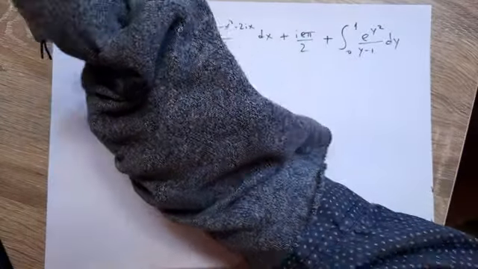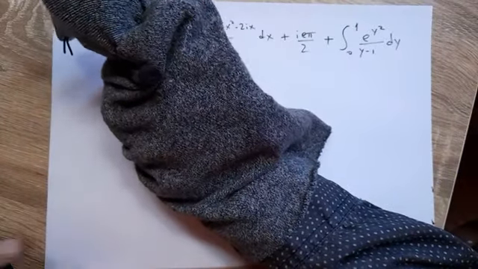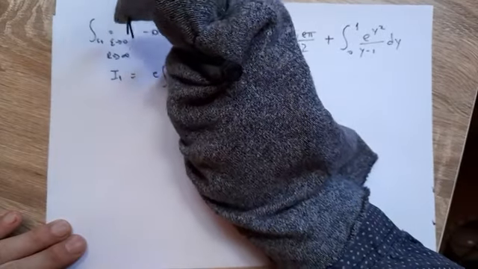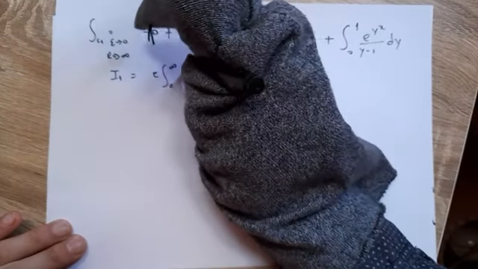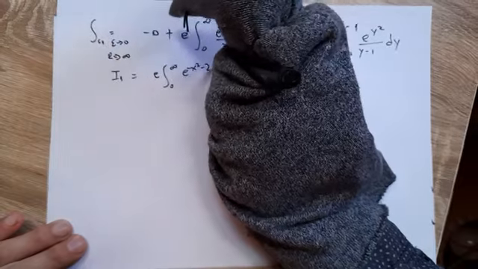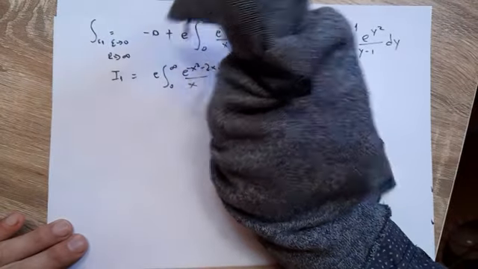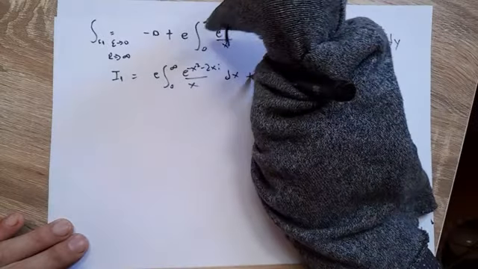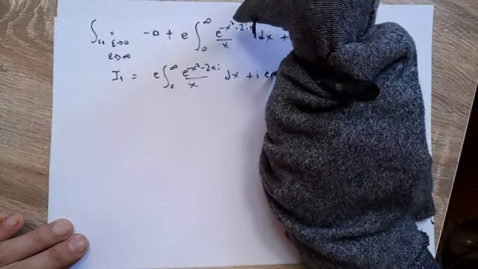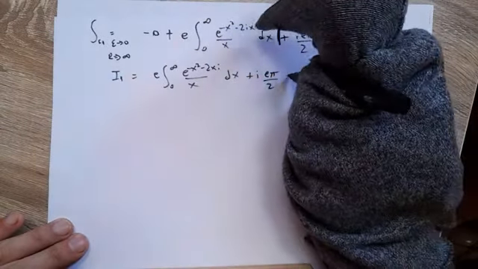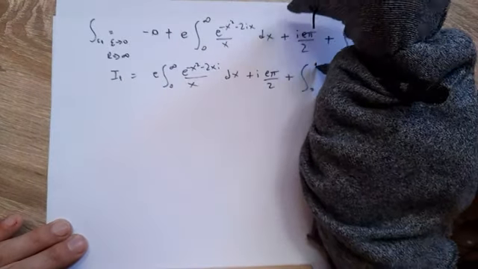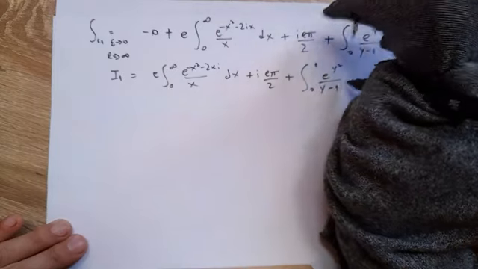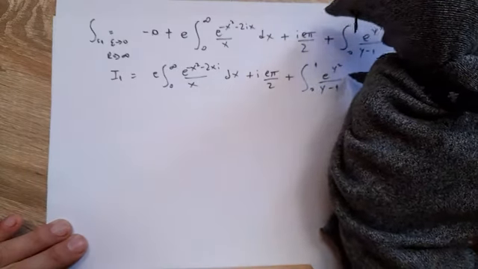And this is I1, equal to this. So e times the integral from 0 to infinity of e to the minus x squared minus 2xI over x dx, plus I e pi over 2, plus the integral from 0 to 1 of e to the I squared over y minus 1 dy.